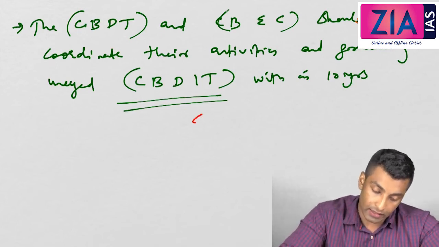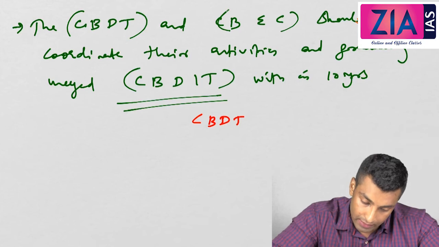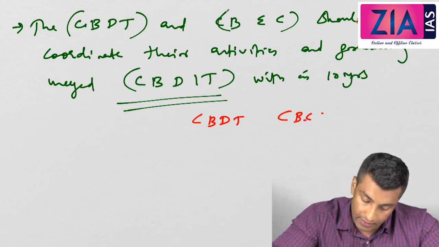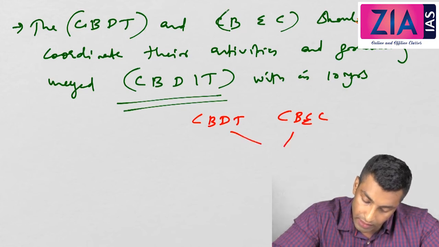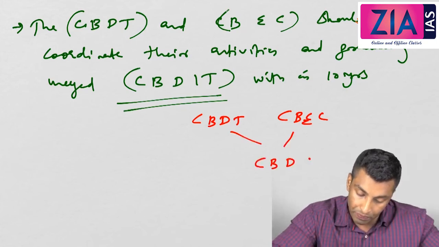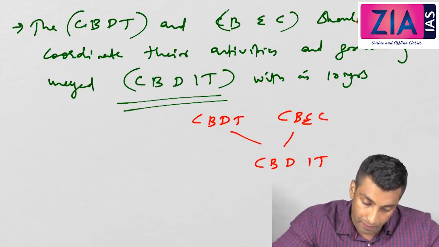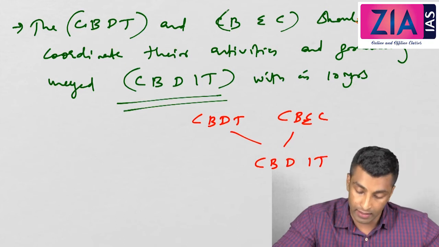So what they're saying is the Central Board of Direct Taxes, that is CBDT, and the Central Board of Excise and Customs, that is CBEC, are to be merged into CBDIT, Central Board of Direct and Indirect Taxes.